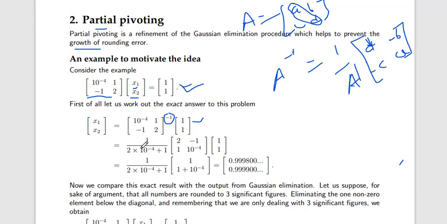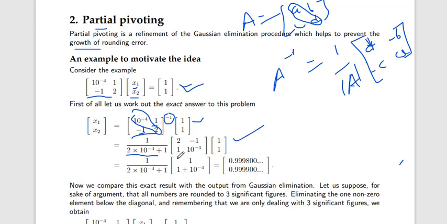Here also we do the same: the determinant of the A matrix, then the diagonal elements we swap, 2 and 10 raised to minus 4, and also change the sign of C and D, 1 and 1 remain the same.